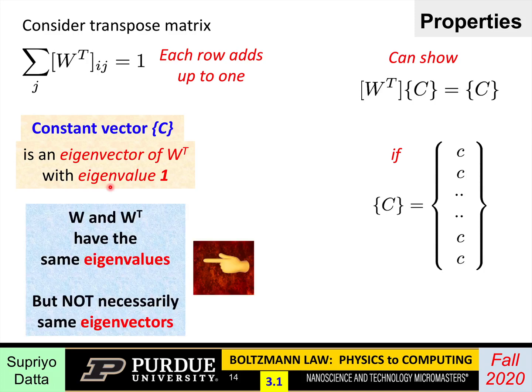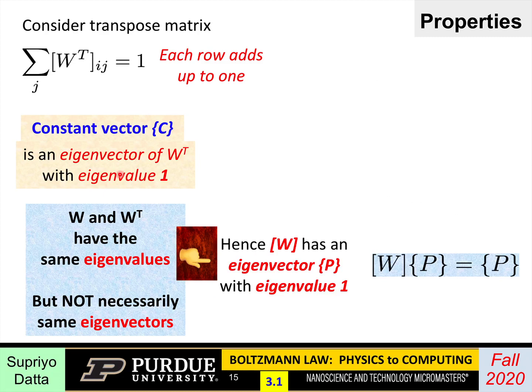Now, I am of course interested not in W transpose but in W. There is a theorem that you may remember from linear algebra, that W and W transpose have the same eigenvalues, but not necessarily the same eigenvectors. The eigenvectors could be the same but don't have to be. But the point is they will always have the same eigenvalues.